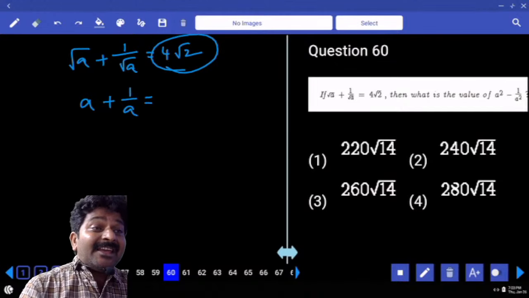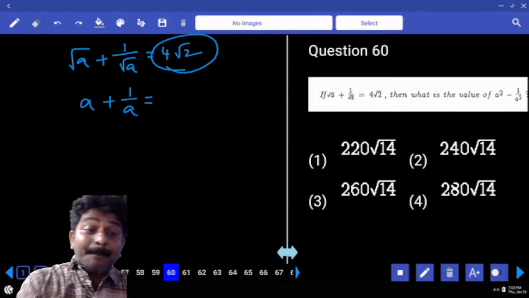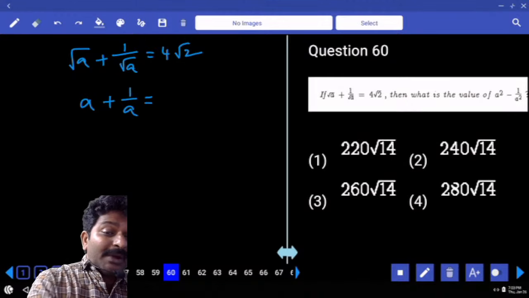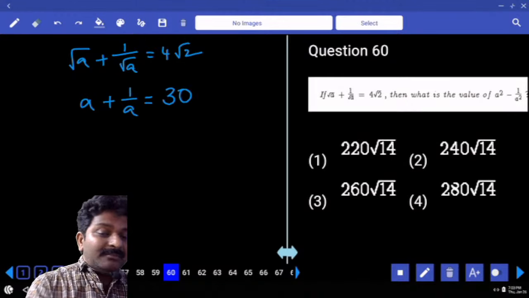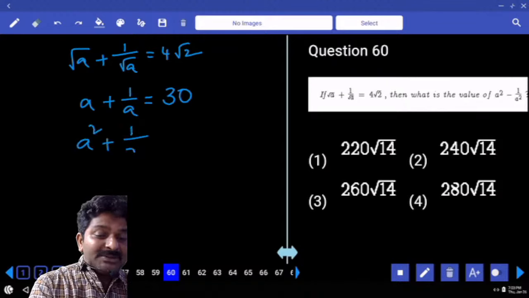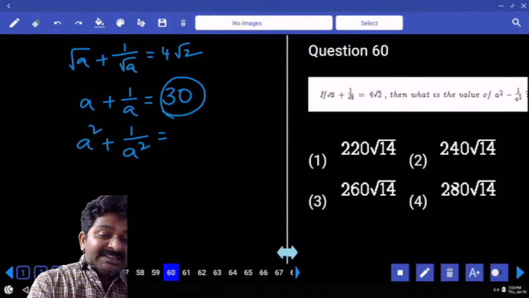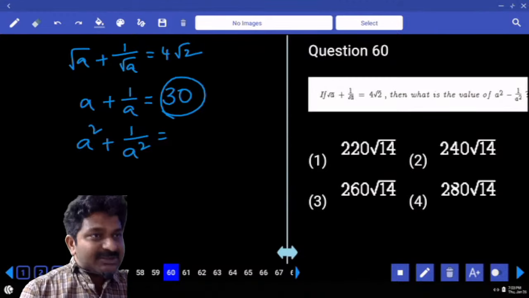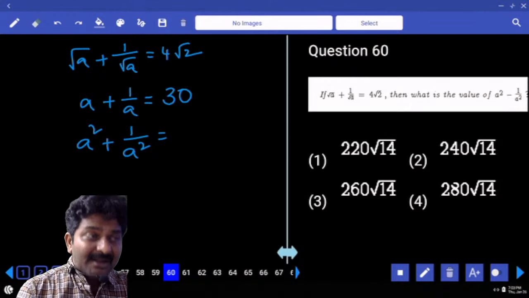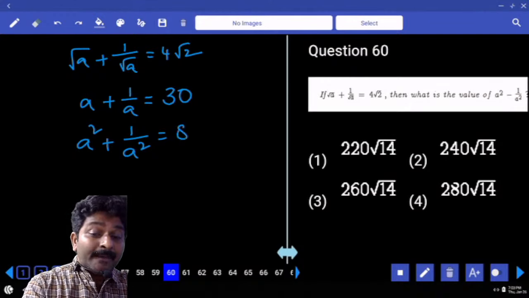If it is k, then k square minus 2: 32 minus 2, 30. And from this, if I want to calculate a square plus 1 by a square, if it is k, then again it becomes k square minus 2: 900 minus 2, 898.